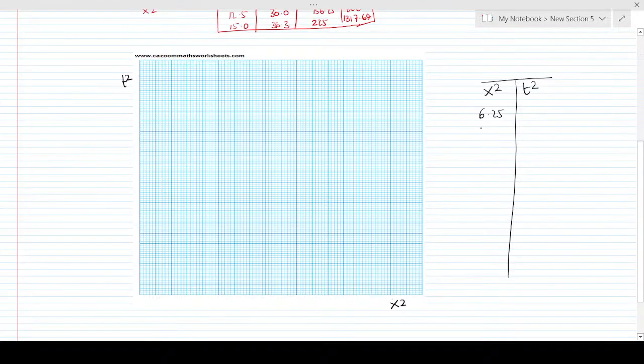The x squared values are 6.25, 25, 56.25, 100, 156.25, and 225.